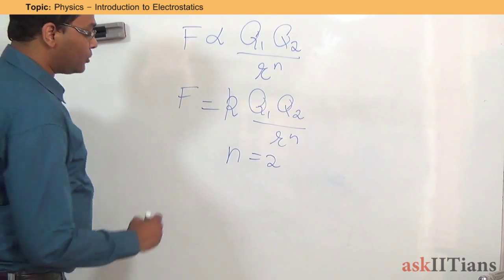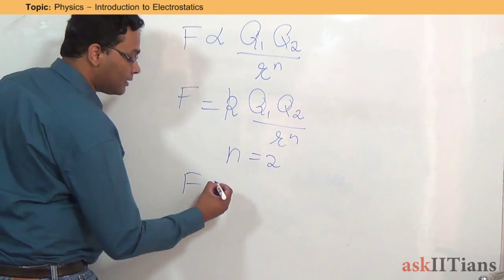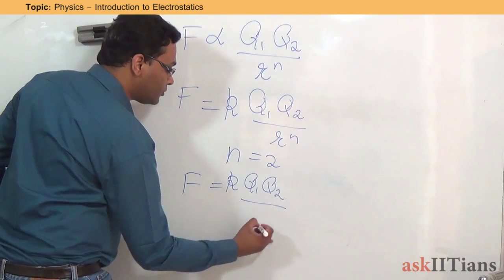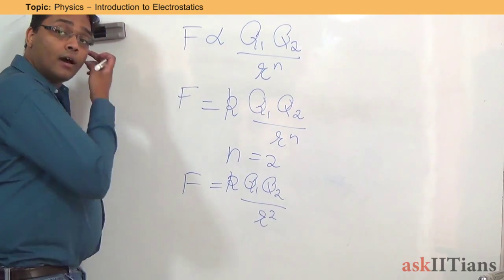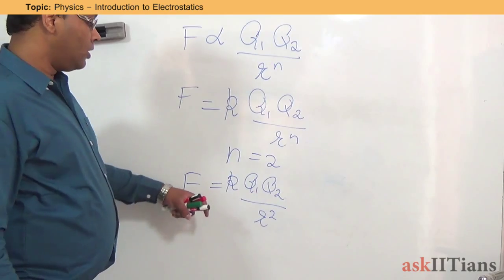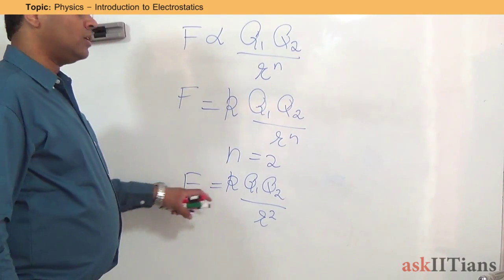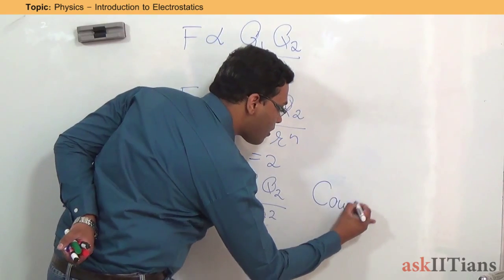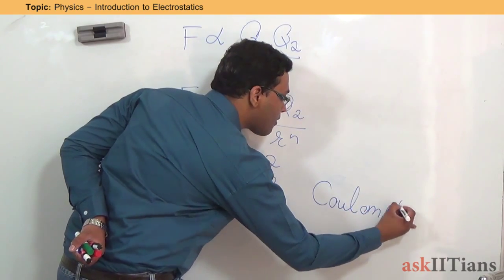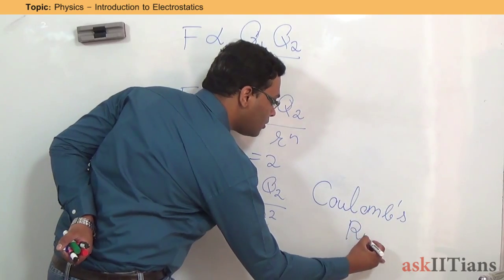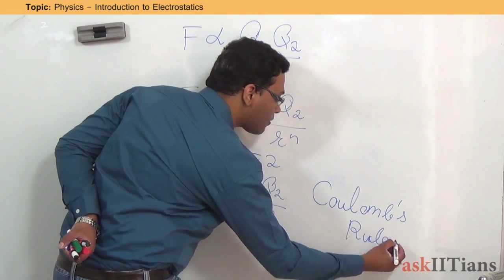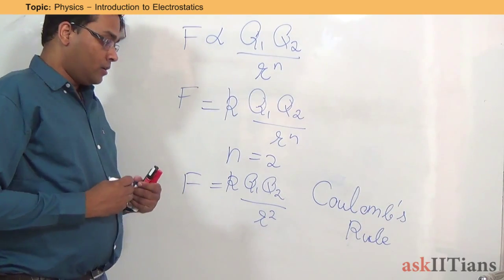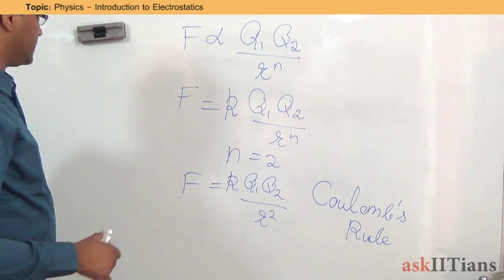So if we put n equals 2, we'll get the force as given by K Q1 Q2 divided by r raised to the power 2. This is also known as Coulomb's law.